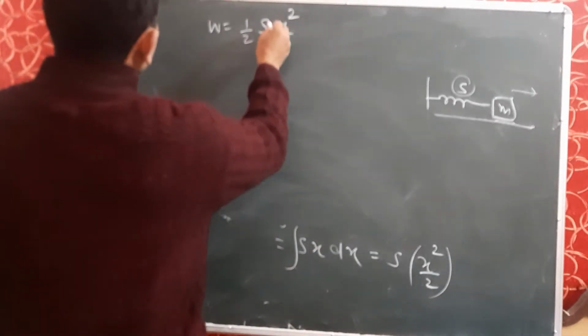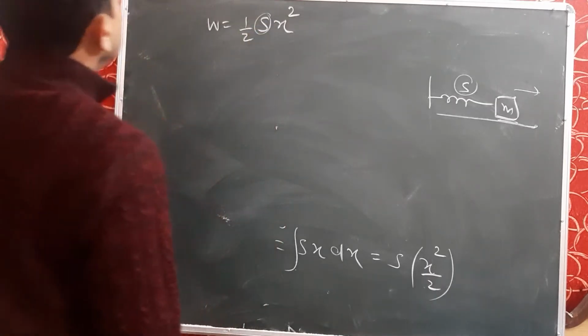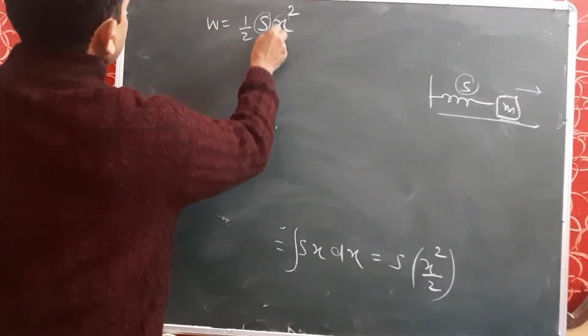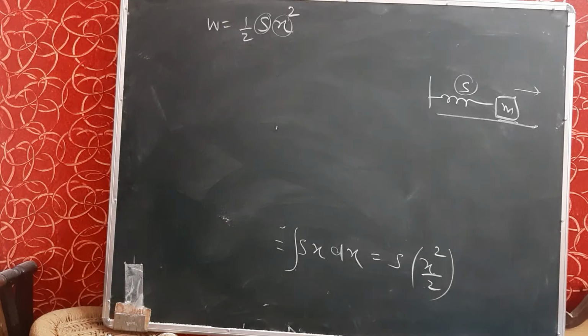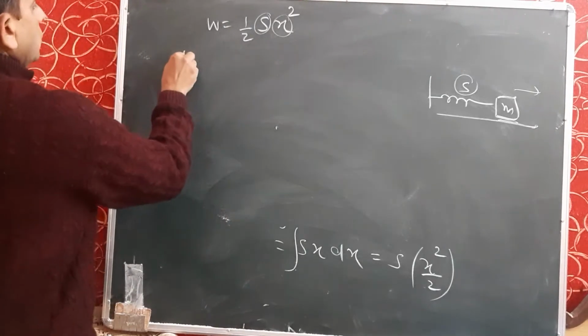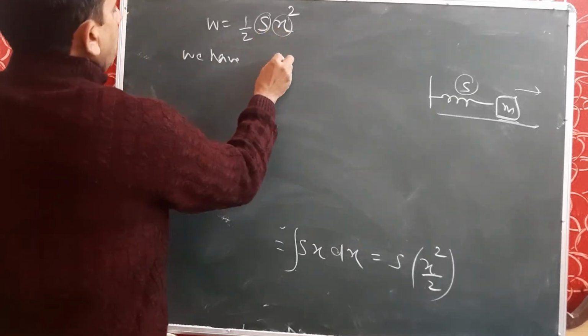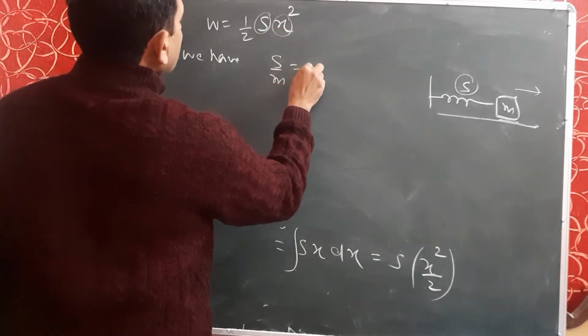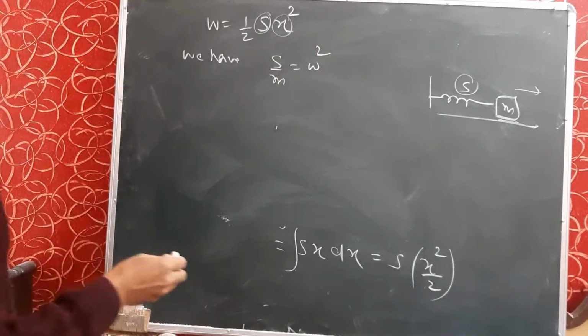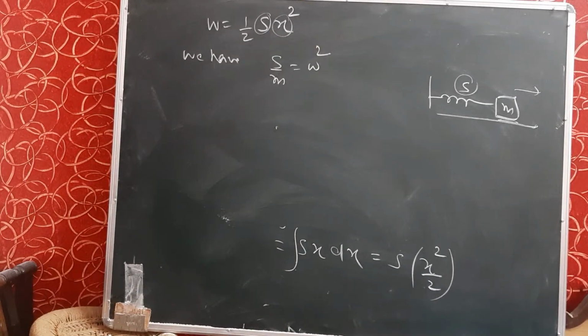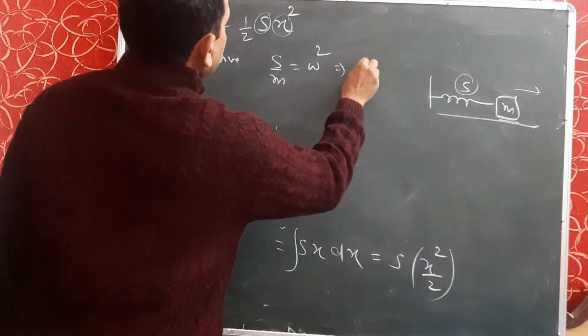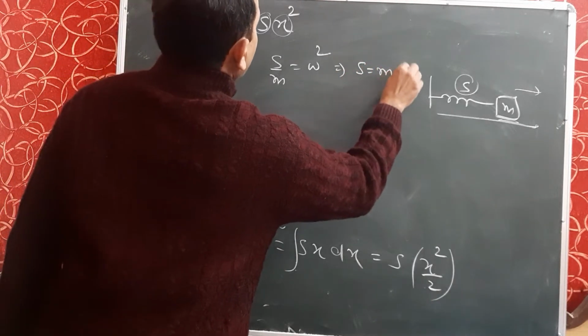Now putting the values of S and x here. We have S by m equal to omega square. This result was obtained in the previous article, that omega square is equal to S by m, and from here S becomes m omega square.